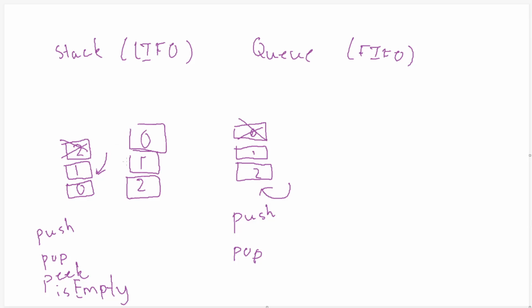pop, peek is empty. Okay, but what if we have the operations nested within each other? Well, not nested, but like interwoven, for example. So say all we've added is this 0, and then we want to peek, and that should be okay.